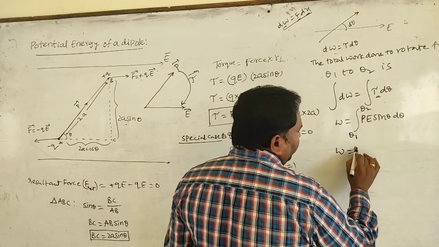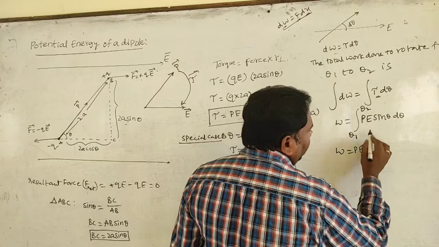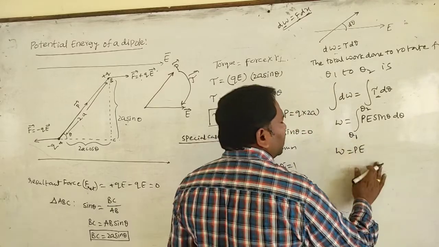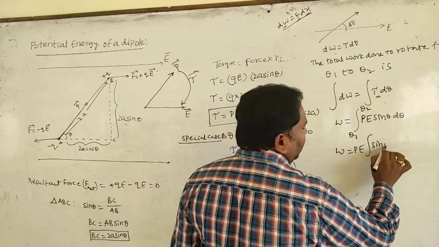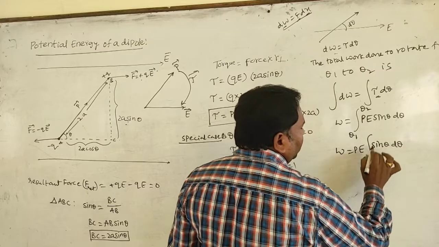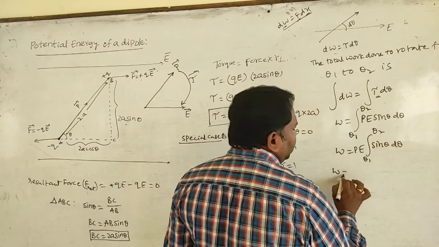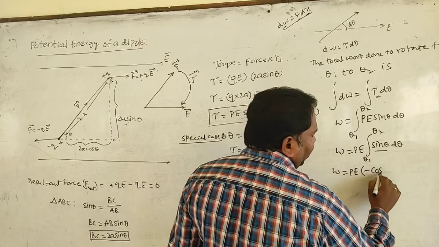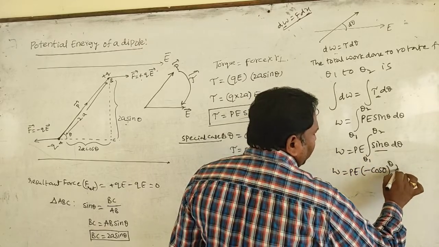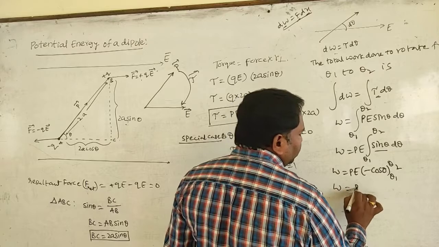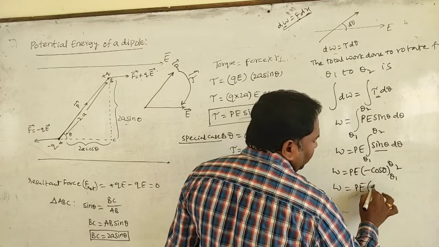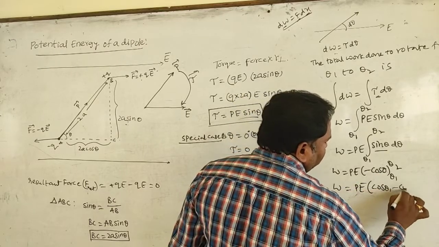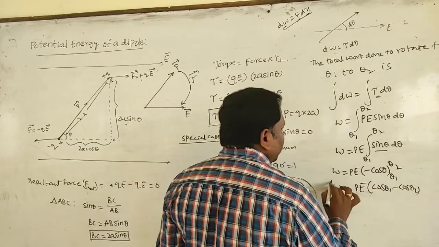Taking P E common, W is equal to PE into the integration of sin theta d theta, which is minus cos theta, from theta 1 to theta 2. So work done is equal to PE into cos theta 1 minus cos theta 2 after applying the limits.